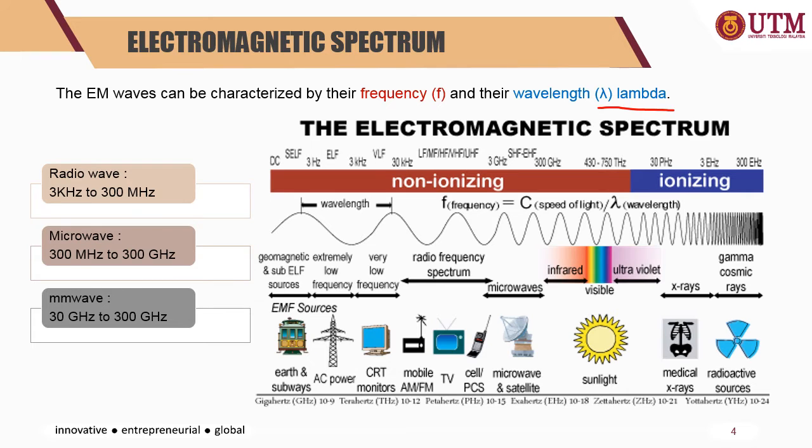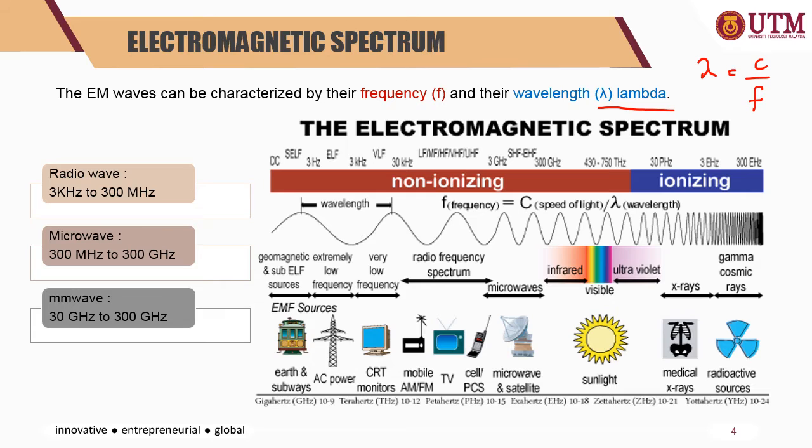Okay, so lambda is given by c over f, in which c is the speed of light and f is the frequency of interest or the application frequency. Right, so based on the spectrum, different frequency ranges may have different types of EMF sources.